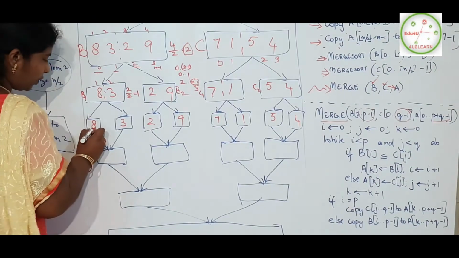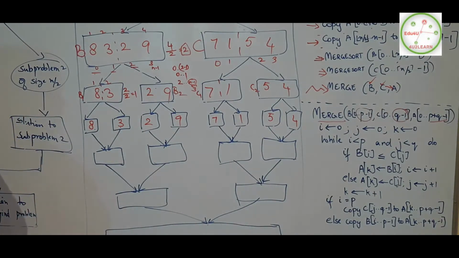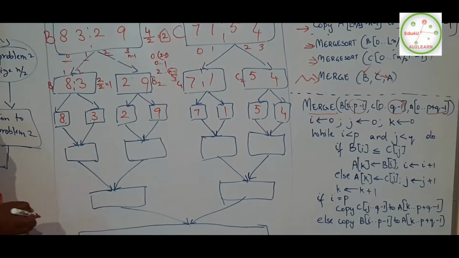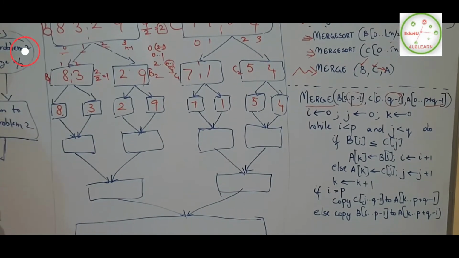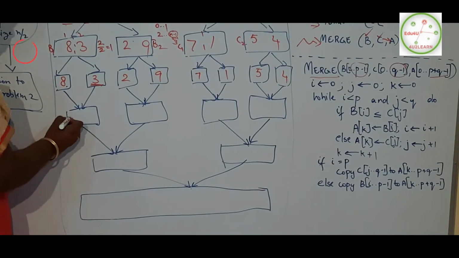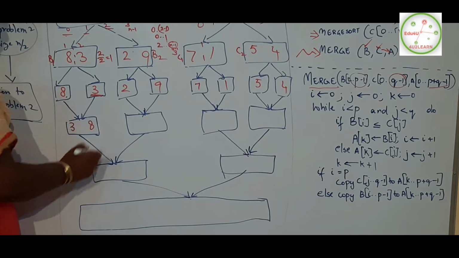So here you have 8 and 3. How do we normally solve? We will just compare 8 and 3, which is smaller. So obviously we know that 3 is smaller and 8 is a bigger number.